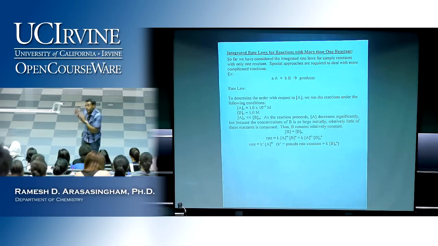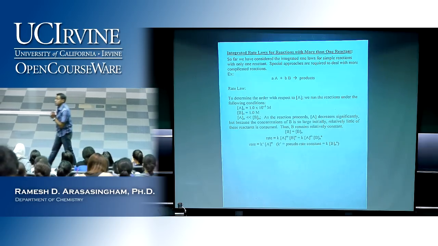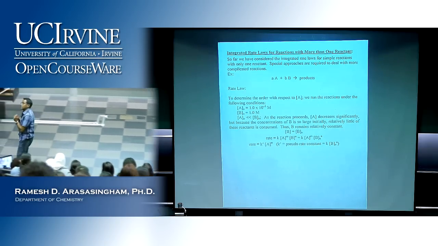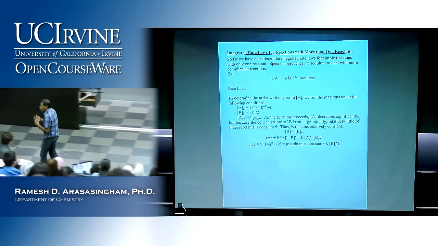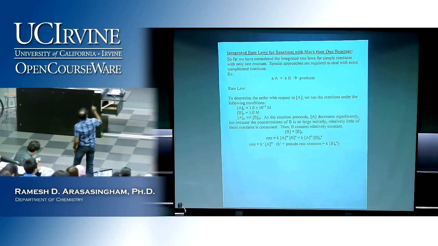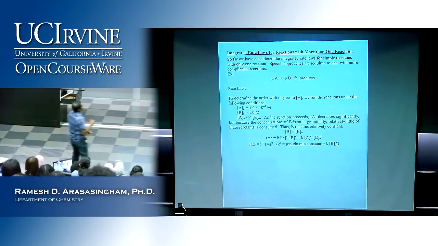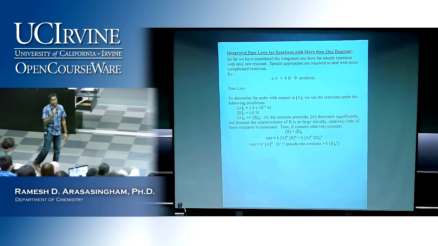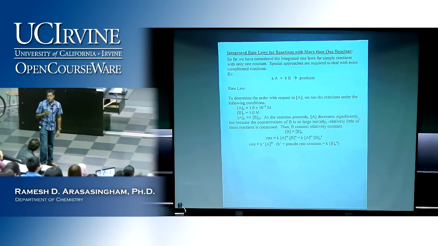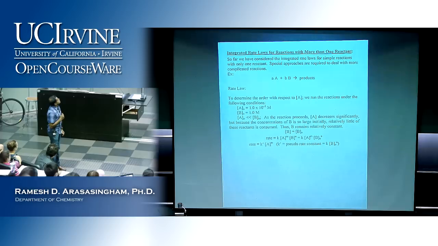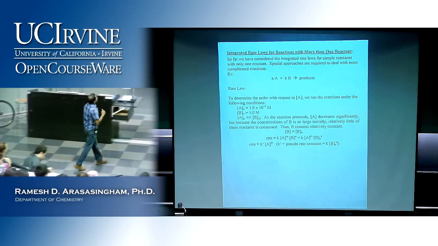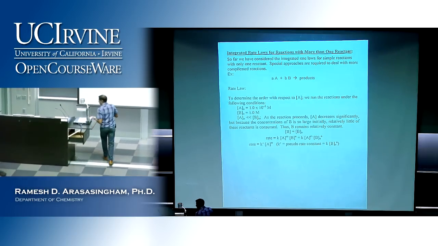All right? Likewise, if we want to use the integrated rate law, we have to design our experiments in a special way. So far we have considered the integrated rate laws for simple reactions with only one reactant. It turns out special approaches are required to deal with more complicated reactions. So let's say we are looking at this.